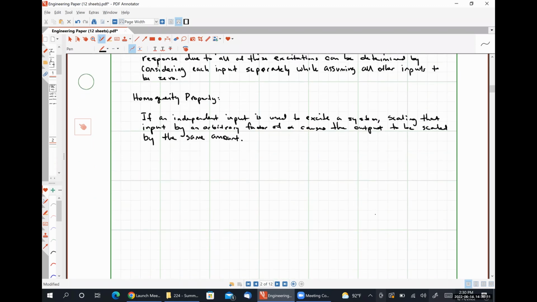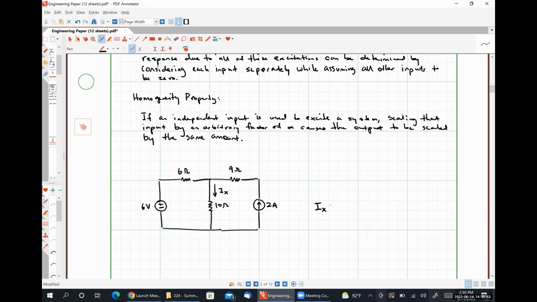If we analyzed the circuit that we had earlier, where we had a 6-volt source, a 6-ohm resistor, a 10 ohm resistor through which a current IX flows, a 9 ohm resistor and our 2 amp source, we observed in 2 different ways that our current IX came out to be 9/8 of an amp.